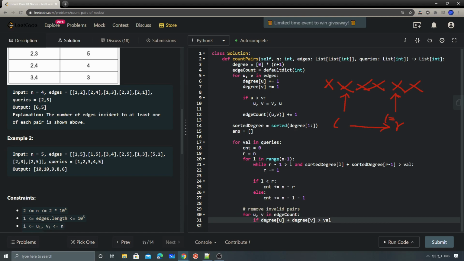So first we need to check if we counted this pair before. And then the second one is that we have to take the edge count into consideration.